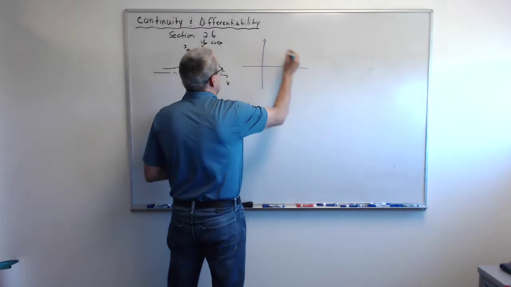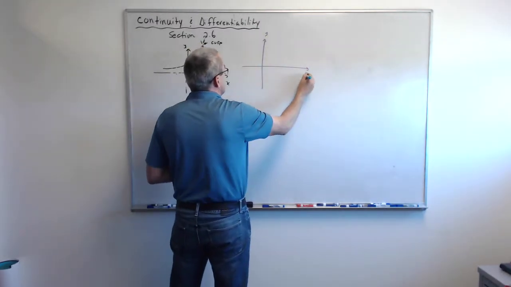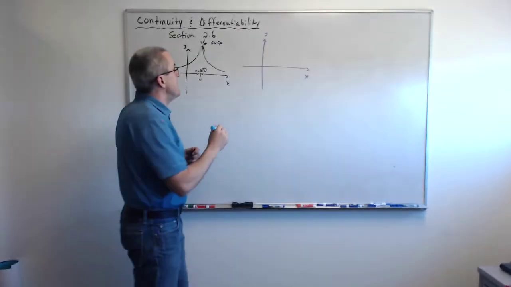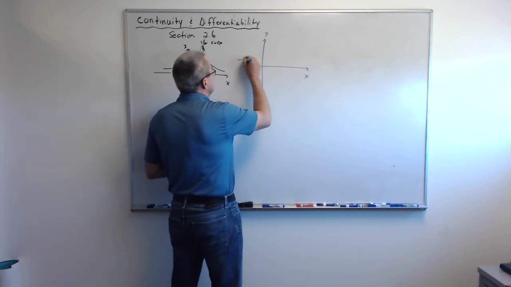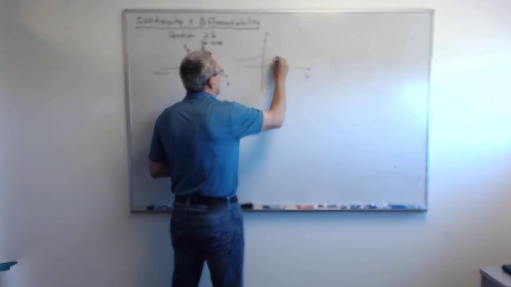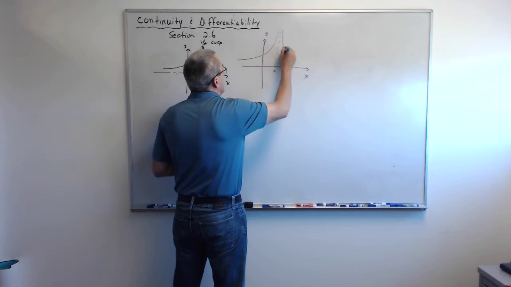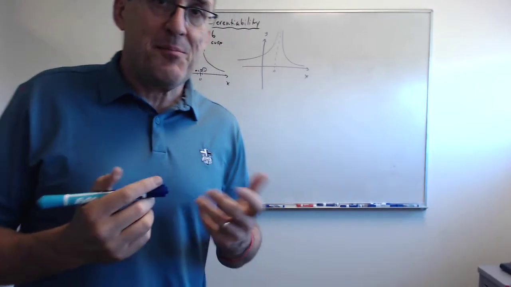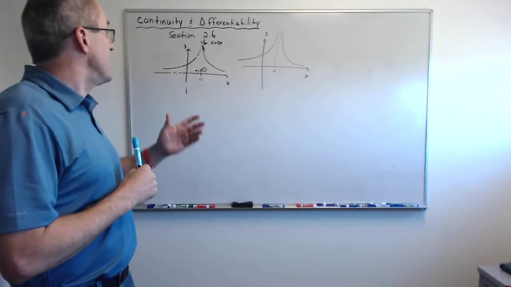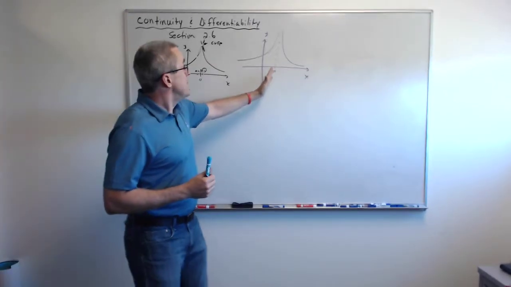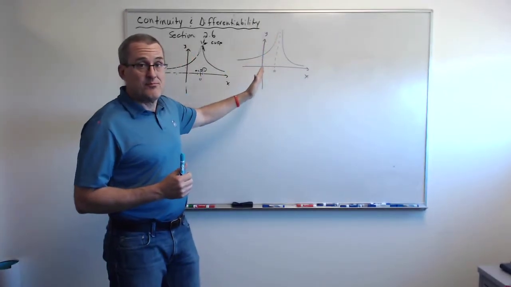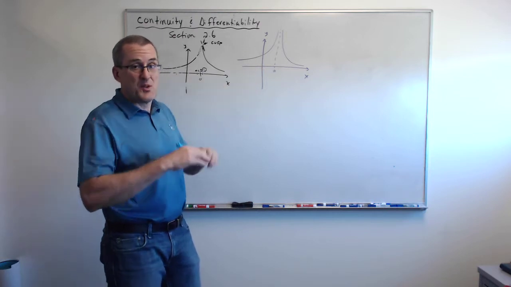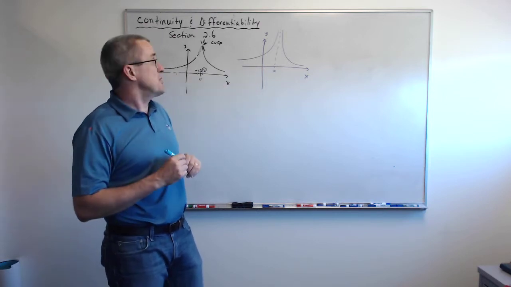Good old xy axes here, and imagine a function that behaves like this. You might have seen functions like this at some point in, say, a college algebra course where we have what's called a vertical asymptote. So functions like this where there's division by 0 is where this would occur.